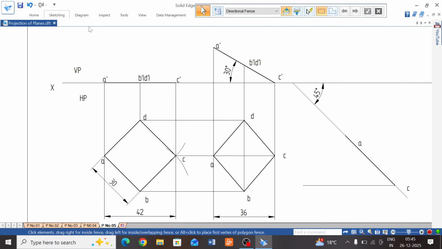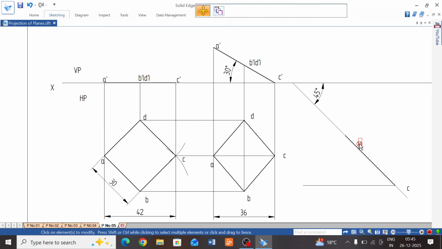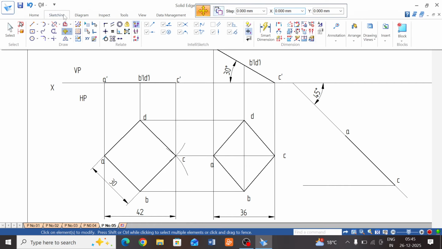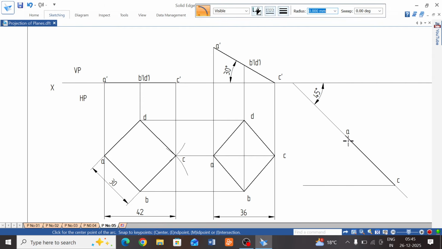So here A to C. This point is our A. A point is here. C point is here. Cut this locus line by using compass. The distance is 36.